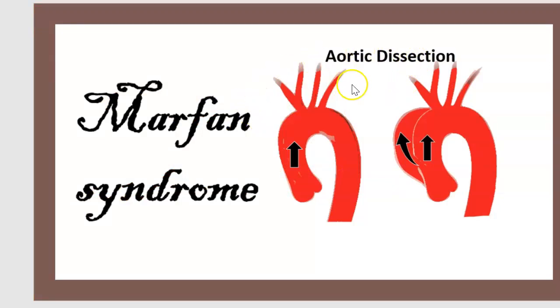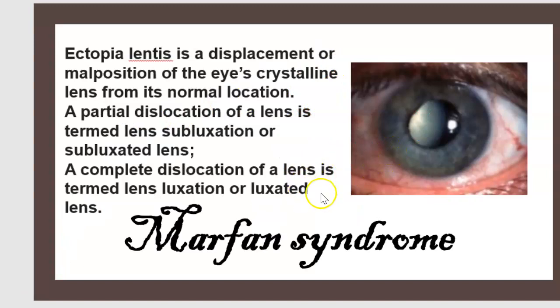Aortic dissection is among characteristics of Marfan syndrome. Regarding the eye, there is ectopia lentis, which is a displacement or malposition of the crystalline lens from its normal location. If the dislocation is partial, we call it lens subluxation. If it's complete, we call it lens luxation.